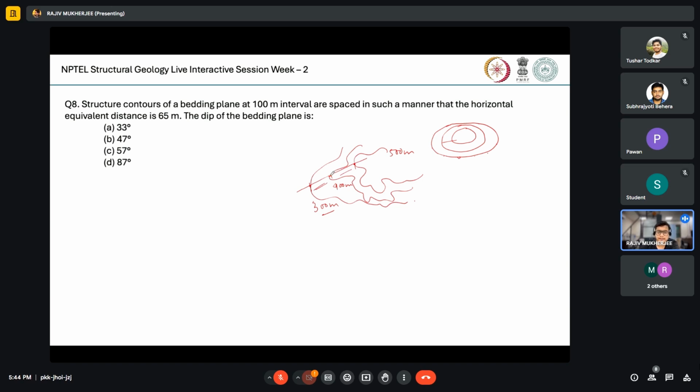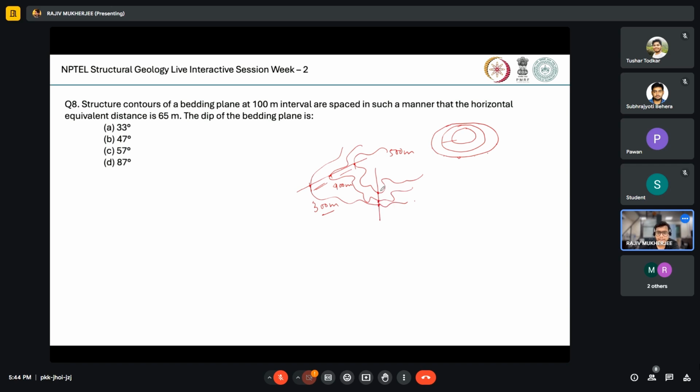And from this distance we can calculate the slope or the dip of the structure or the plane. Now if you follow this traverse, you will see that the slope is relatively gentle. But if you follow this traverse here, from this point to this point there is an elevation difference of 100 meters, and again from this to this, 100 meters.